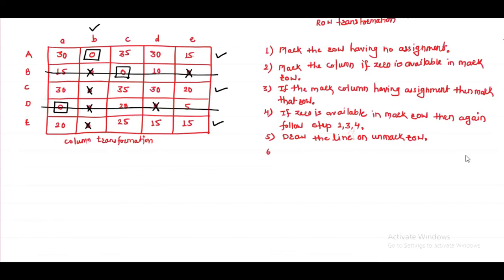Then the next step is draw the line on marked columns. If we consider this problem, there is only one column marked, that is the second column, so we will draw a line on the marked column.